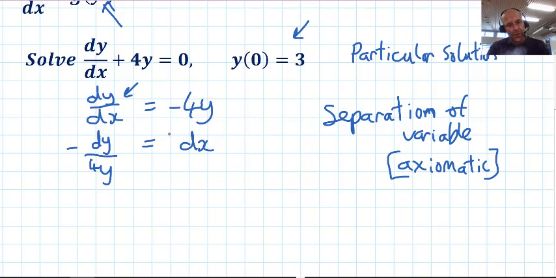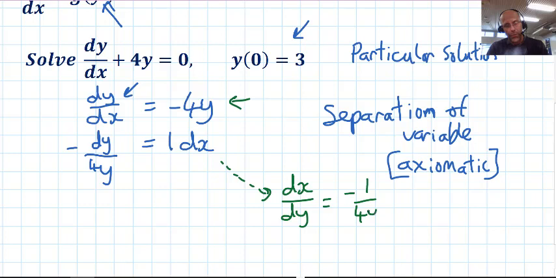Now dx is essentially 1 dx, okay? What some people do is they just invert both sides on this line up here, and you would get negative 1 over 4y, and you would then rearrange, and you'd get negative dy over 4y, and you can see that's the same thing.